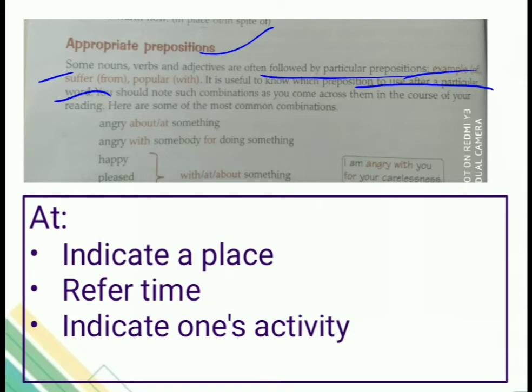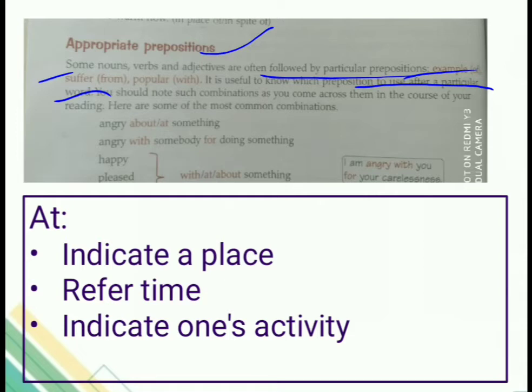In the previous classes, in the 5th standard, you studied the prepositions separately: at, on, in, where at is going to be used, where in is going to be used, isn't it? But there are a few words with which a preposition is attached. Only that same preposition will come with it. You cannot change it.